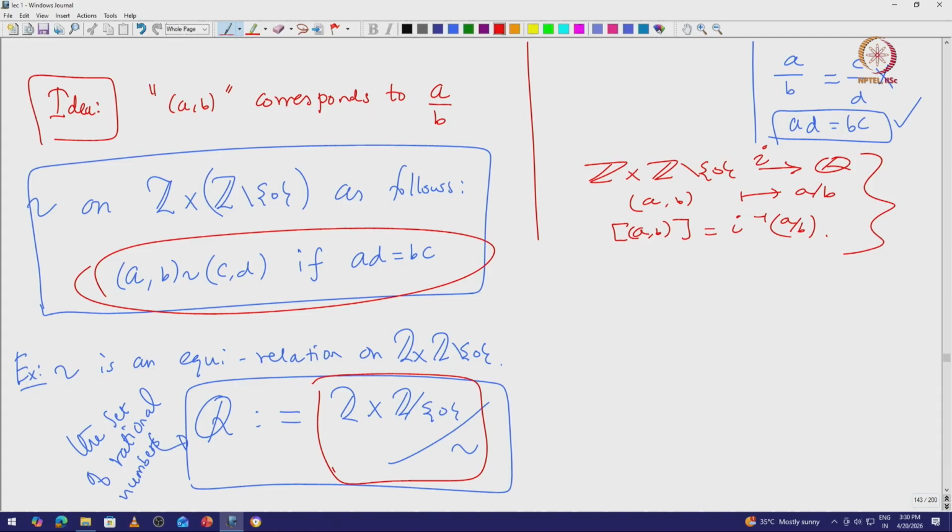Indeed, it will make it a field, that is what we are interested in. So, as before, we need to embed Z inside Q, find a nice parametrizing set for Q, and also define addition and multiplication on Q. So, let us start doing that.